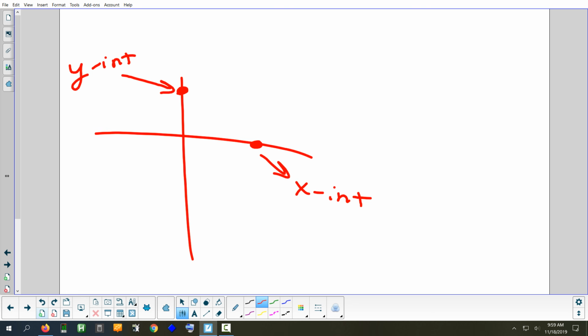The only time you'd run into a problem is if it didn't cross one of those axes. Like if you had a vertical line. Think about this. Where's the y-intercept for that one?